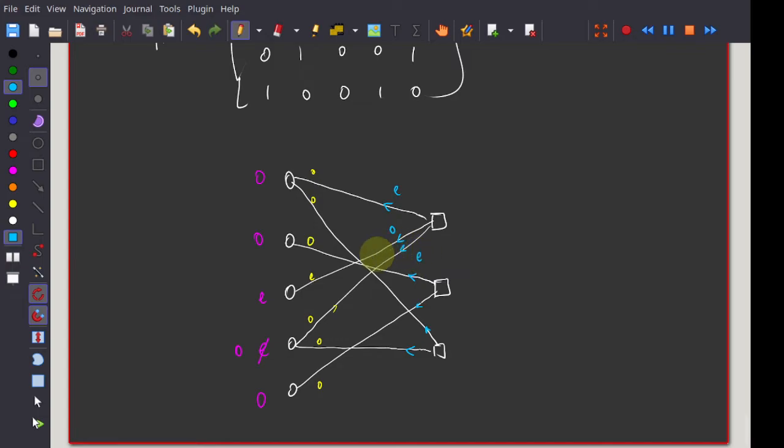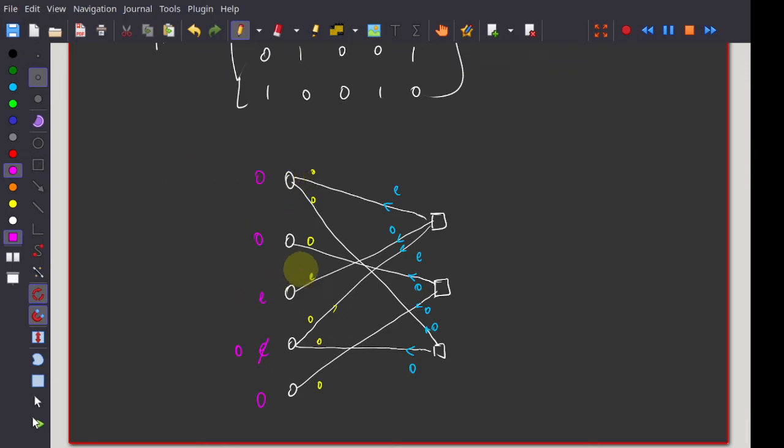It's erasure, because one of the incoming messages is an erasure. Now, what about along this edge? It is 0. Along this edge, it is 0. Along this edge, 0. Along this edge, it is 0.